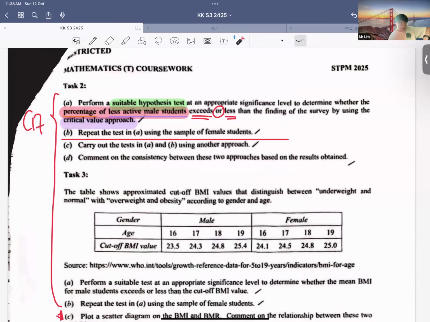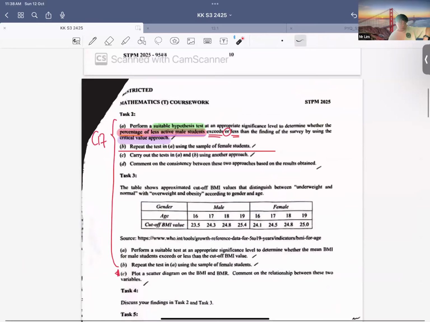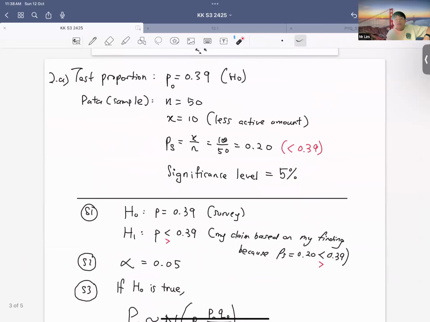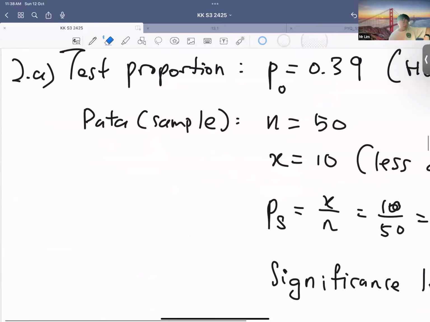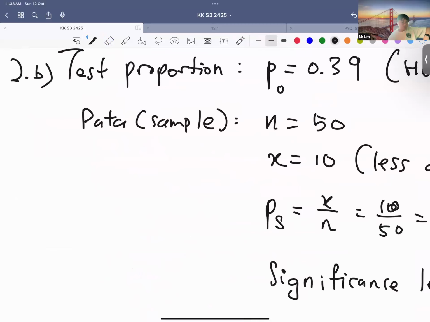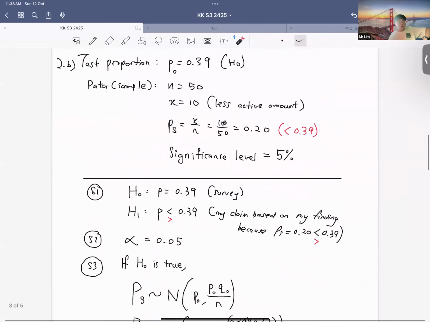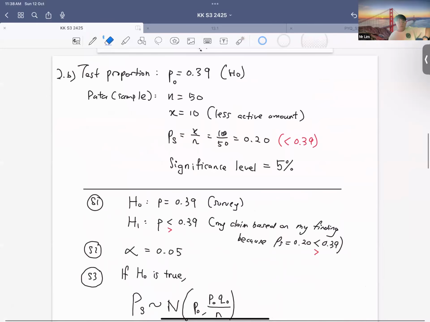Sorry, 2A is for male. 2B is only for female. But I believe that just now I'm taking female data somehow. Okay, let's assume that I'm doing 2B now. But 2A is basically the same. The only difference is that your p is different. That's the only thing. So change everything to what you have.